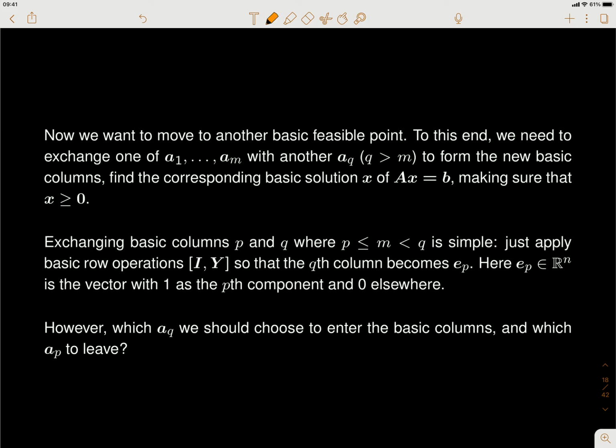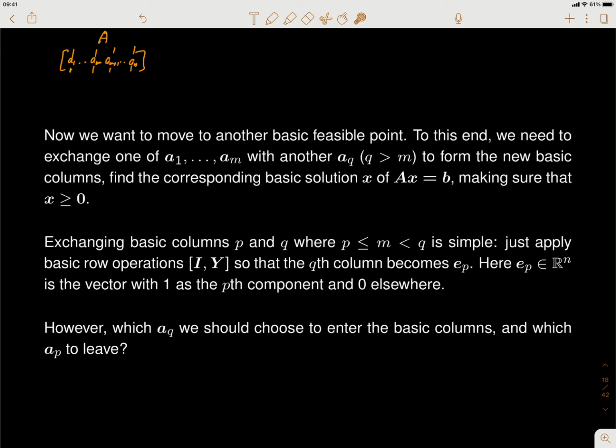So that means originally the matrix A has A1 through AM as the basic columns, and then M plus 1 all the way to AN. This is my matrix A. Originally, we select these M columns as the basic columns. But now, I'm going to remove one of them and replace it by one of the others.